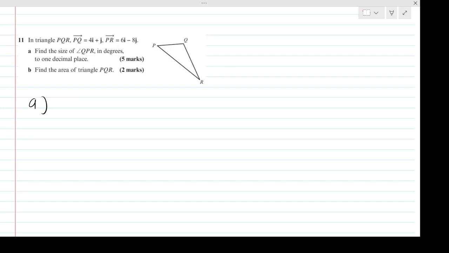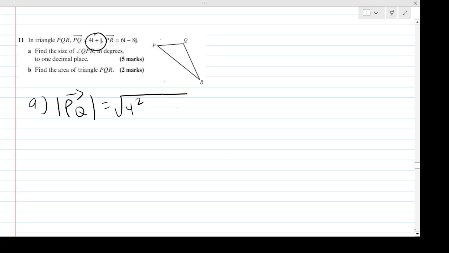Well, the beauty of what we just learned is that we can find the length of a vector. The vector PQ represents this side here, P to Q. Also, P to R is that side there. We know how to find the length of a vector. It's the magnitude. So firstly, the magnitude of PQ: if PQ is 4i and j, it's going to be the root of the i part, 4 squared, and then the j part.